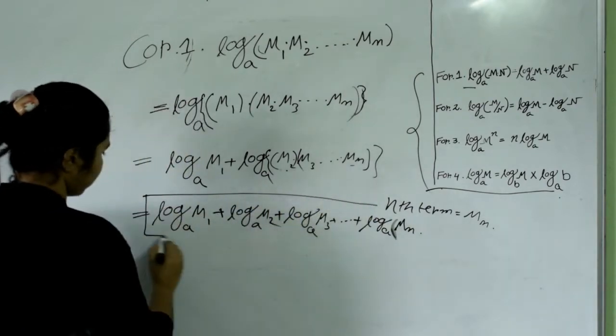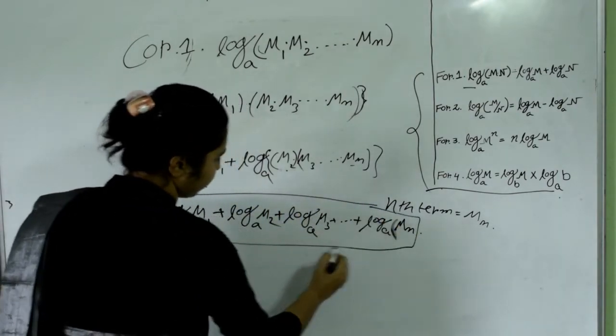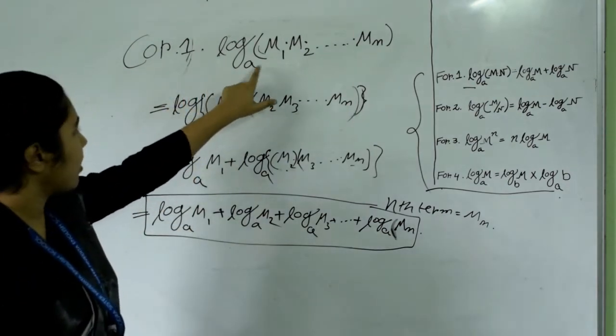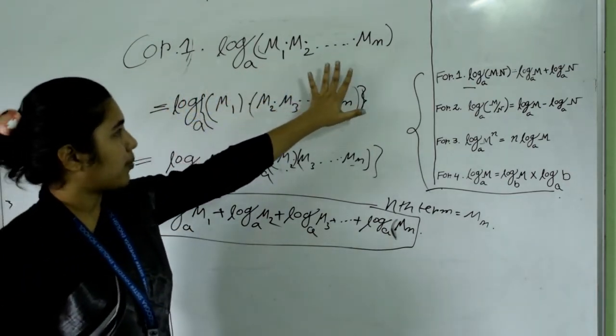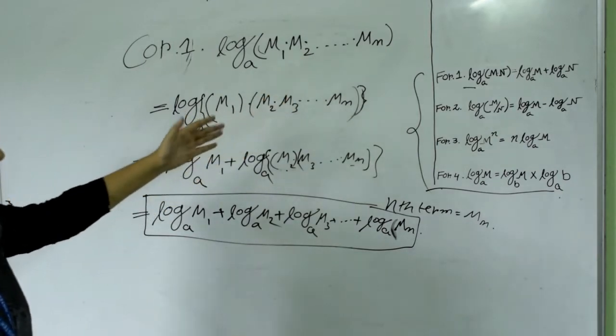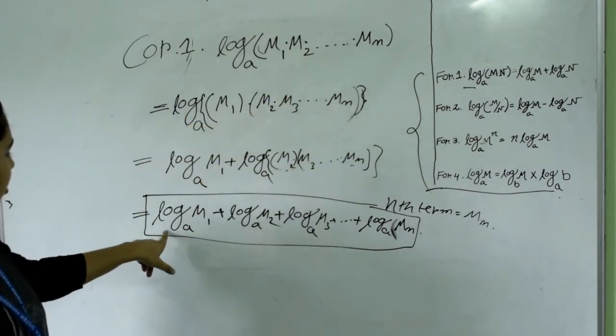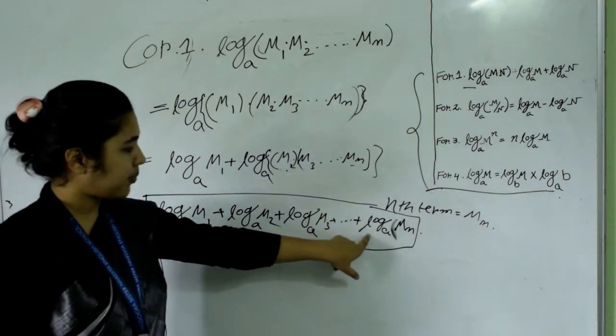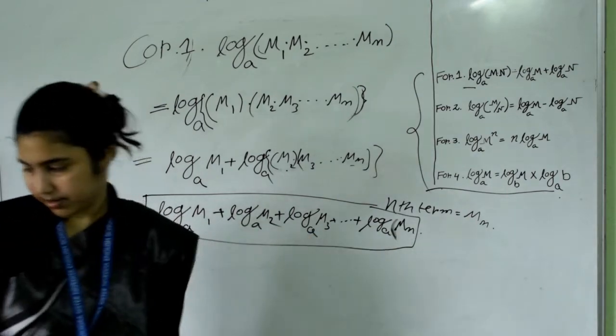So this is our corollary 1. That means log a of m1 m2 up to the nth term, that is for finite terms, we can write as log a m1 plus log a m2 plus log a m3 up to plus log a mn.